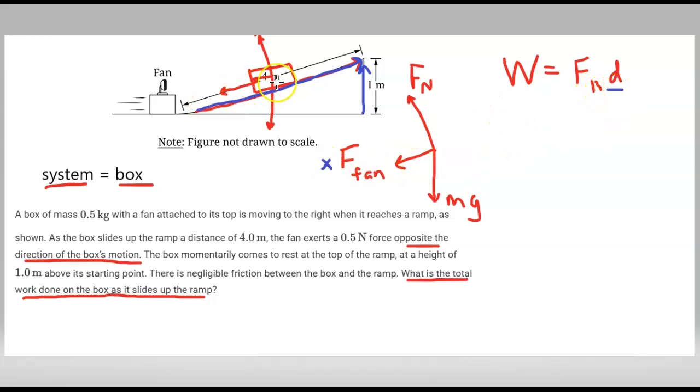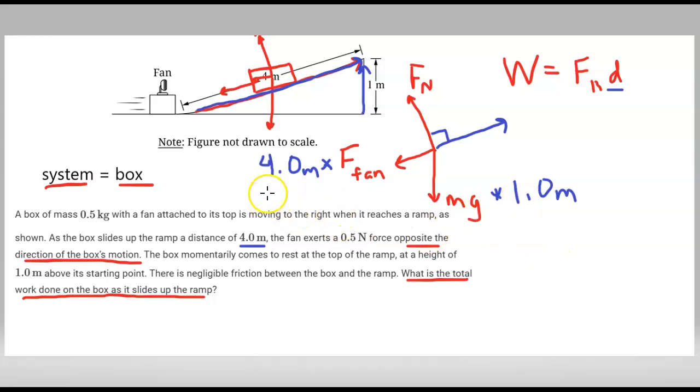The fan force acts over a distance of 4 meters, so it'll be fan force times 4.0 meters. The gravitational force acts over the course of 1 meter, so we multiply that times a displacement of 1.0 meters. And the normal force is perpendicular to the direction of motion, so it does not do any work at all.